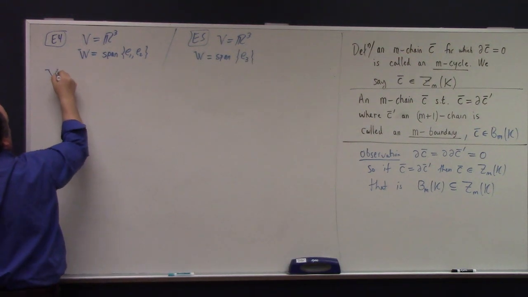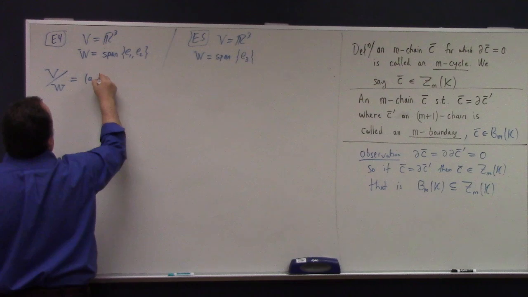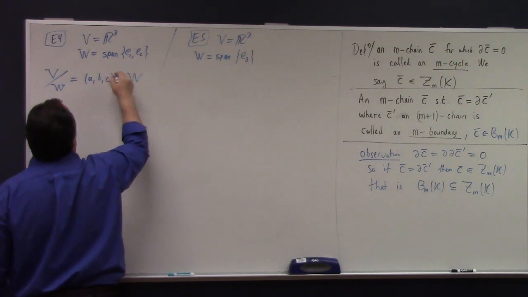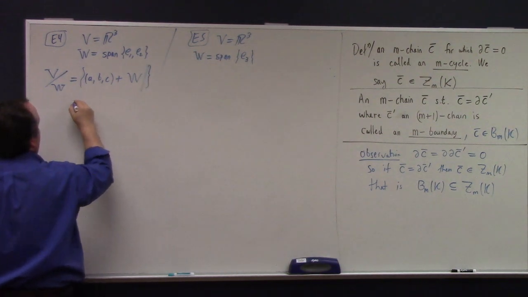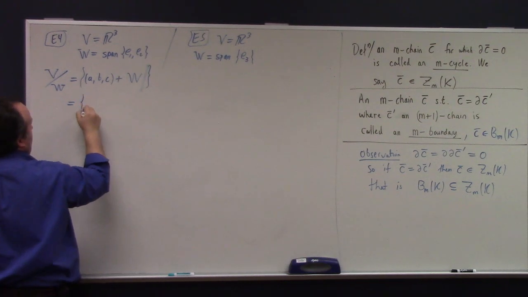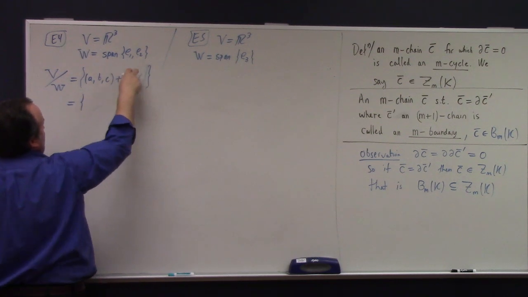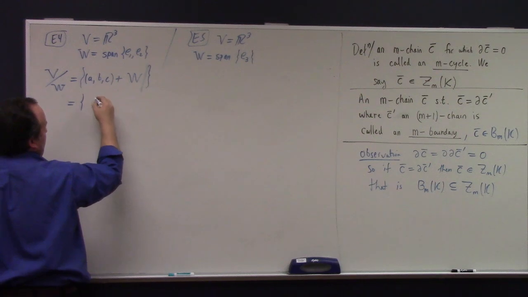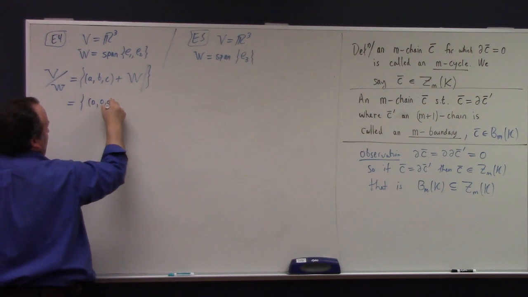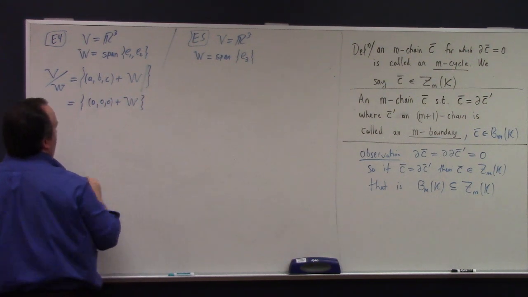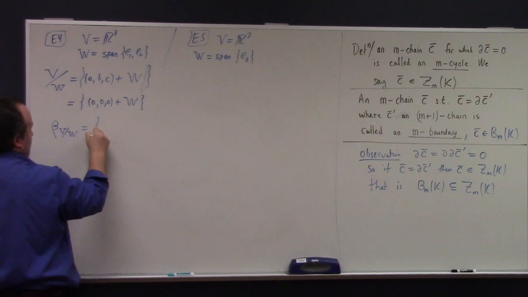Then in this case, the quotient space of V by W has the form ABC plus W. That's like a typical element, right? Forgive me if I'm a little bit vague, but because this is what that looks like, the rules are that I can absorb multiples of the last two things into W. Two cosets are equal if their difference is in W. And so this, by the rules of the mathematics here, is that. Right? So it turns out that the basis for V by W is actually just this.